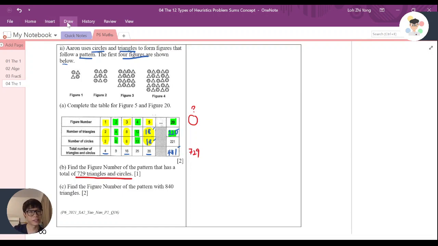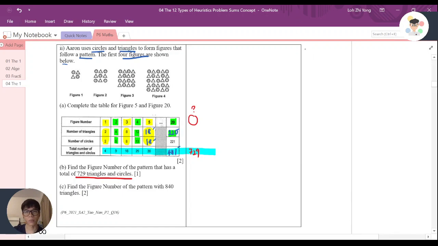Now, I believe by now you should recognize one thing. Let me just try to highlight this. You should recognize this part, this blue color: 4, 9, 16, 25, 36. Can you tell me what the name for these numbers is?